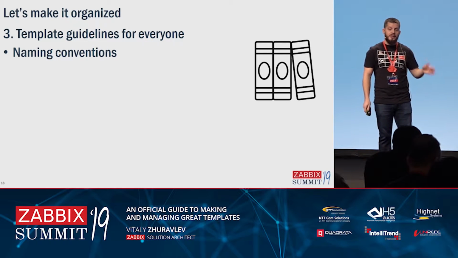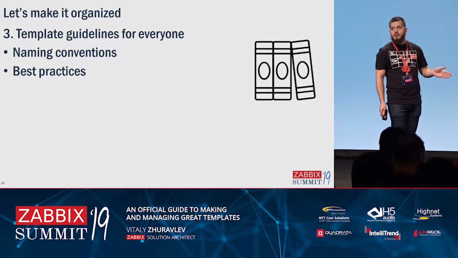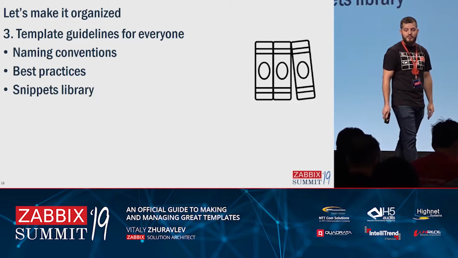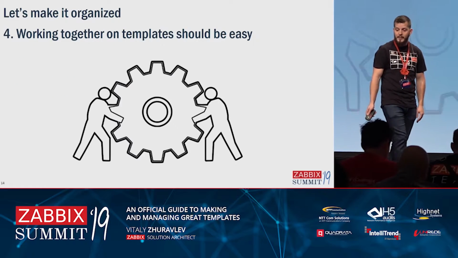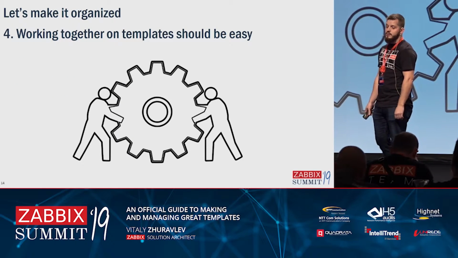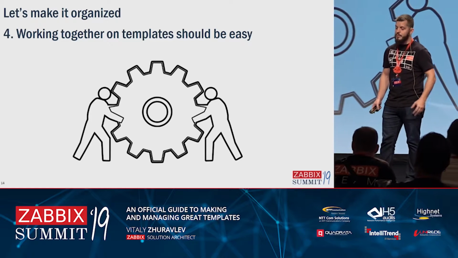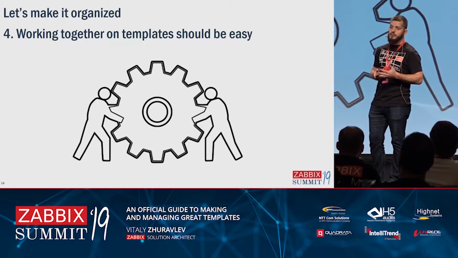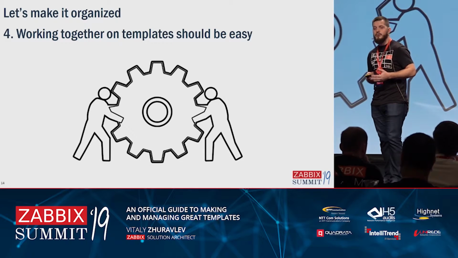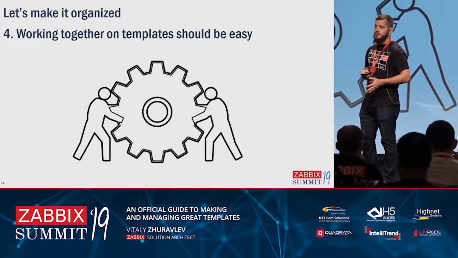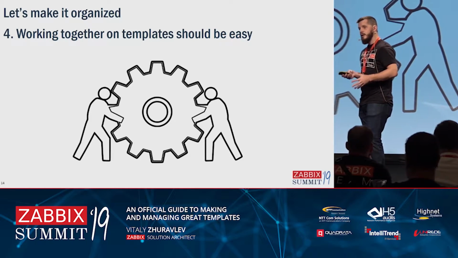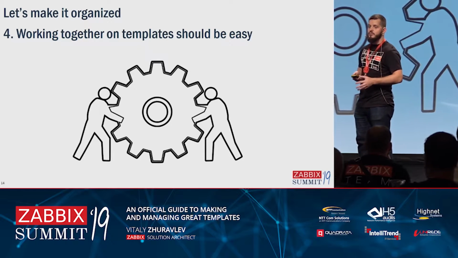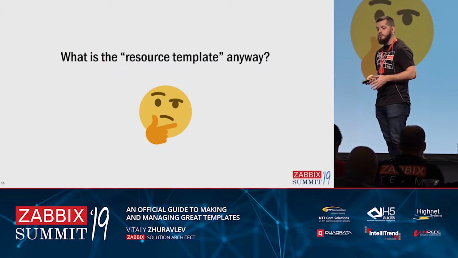Template guidelines include naming conventions, best practices, how to collect different things, and a snippets library. And the last part of our plan is to make templates easier to work on together. So stop cloning templates. Instead, let's have a single template that we all would reuse.